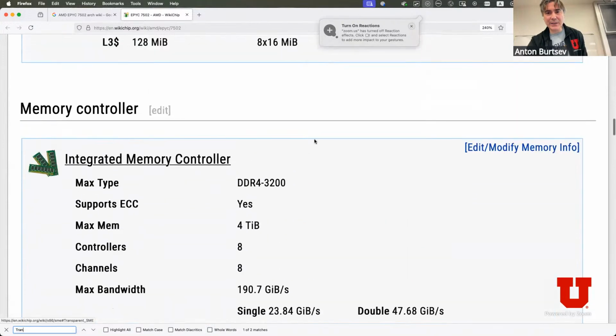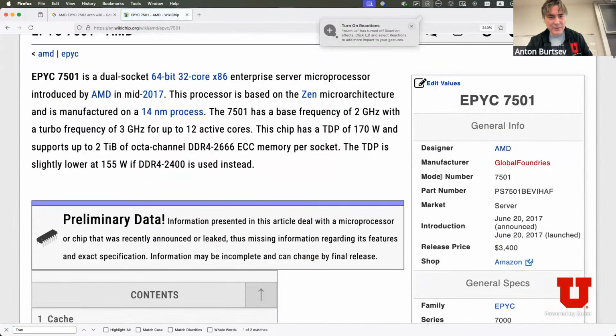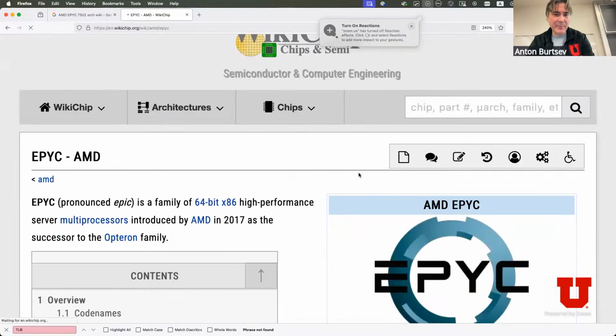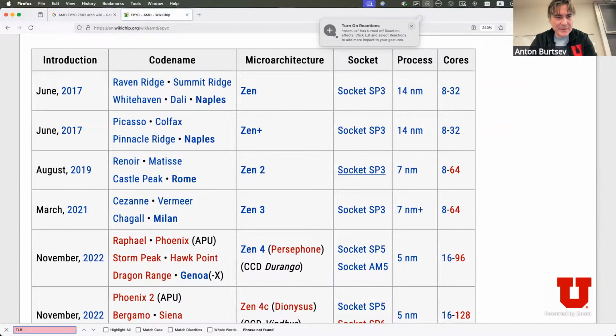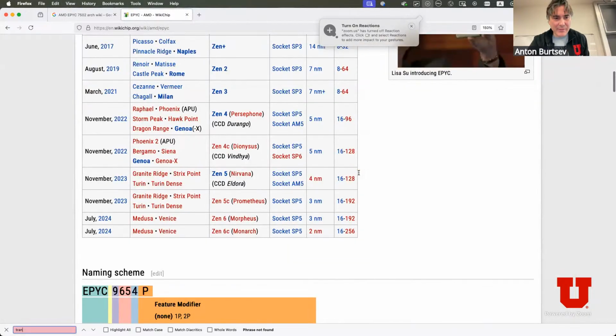But the thing is that you say, look, do I even know how many TLB entries there are? And man, this week I should tell you, but it doesn't say. And so you say, look, but I'm still smart enough. I will go to EPYC 7501, previous generation. Maybe this one will tell me the TLB size. Family EPYC. Family definitely will have the number of TLBs. No. On Intel, they always have.